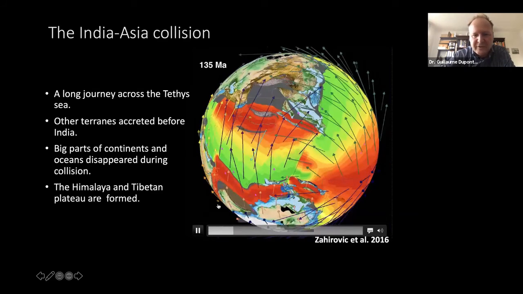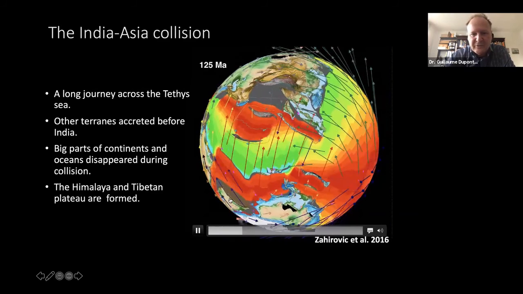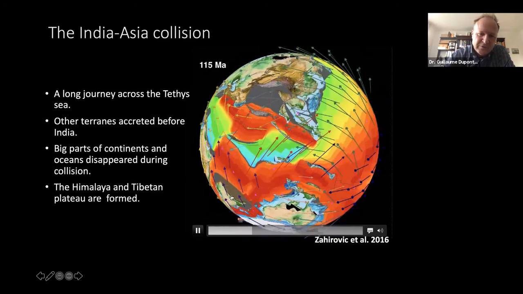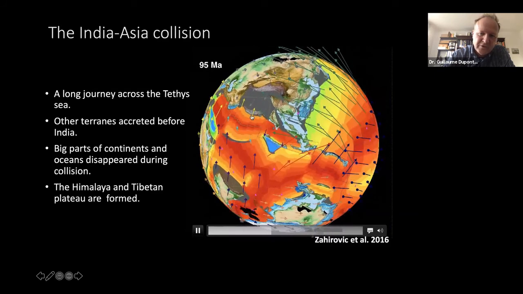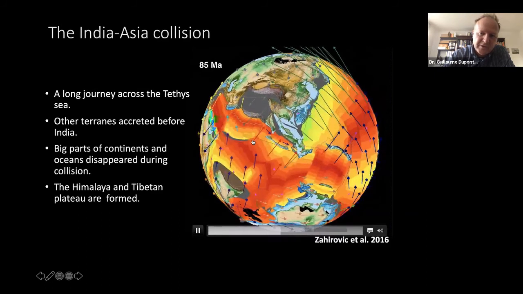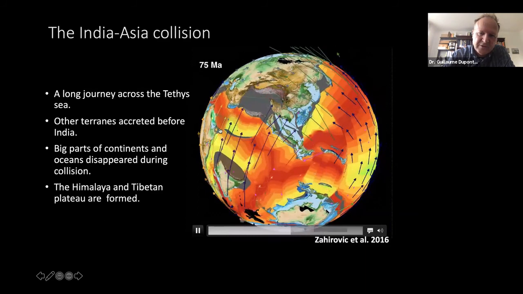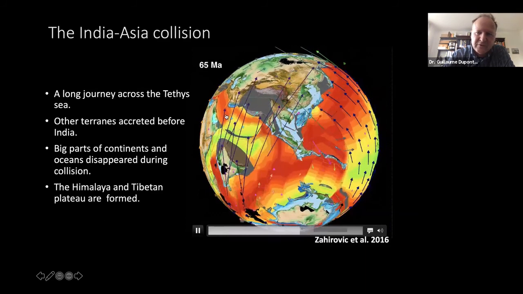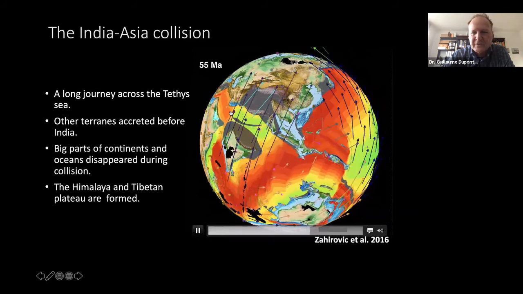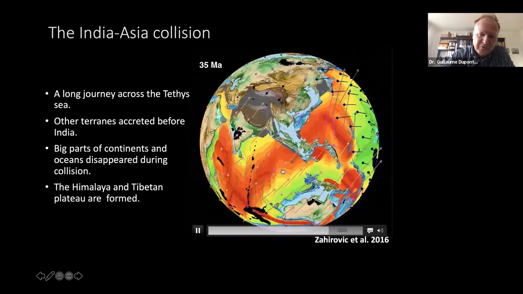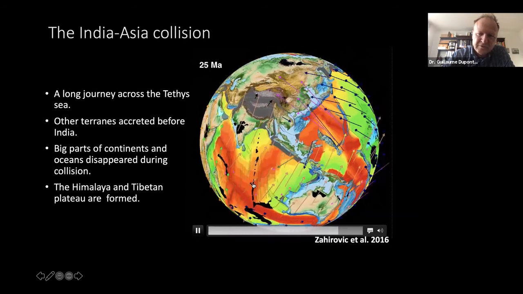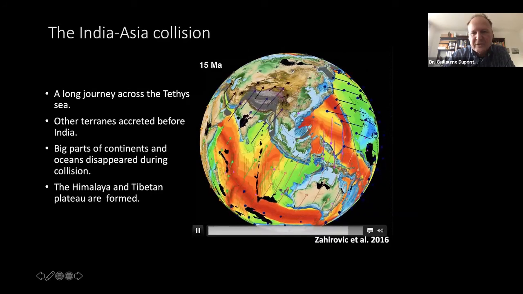India is here at the base, and you will see it travels across the Tethys Ocean. All of these colors in the middle are marine magnetic anomalies. So it's disappearing. All of this was invented, actually. We don't know anything of this. But what we know is what is here in the Indian Ocean now.